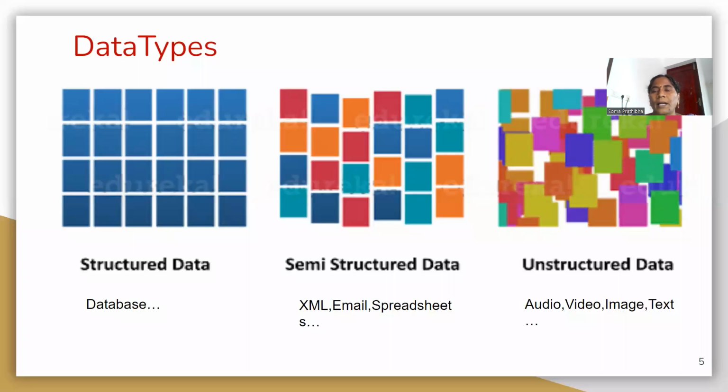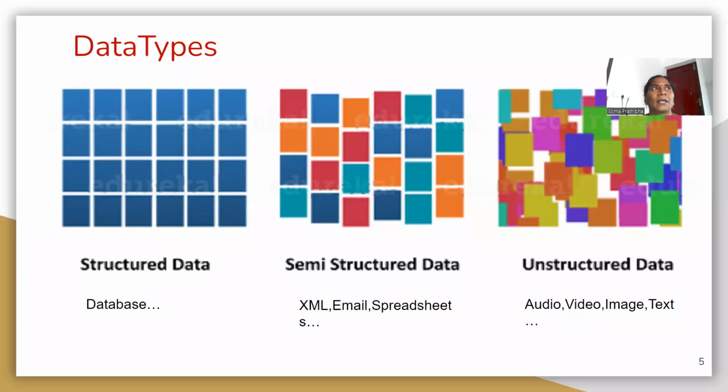Now, one more interesting thing that has changed here is the nature of the data. Initially we had only structured data. Organizations used to have applications which performed processing on structured data, like our databases.